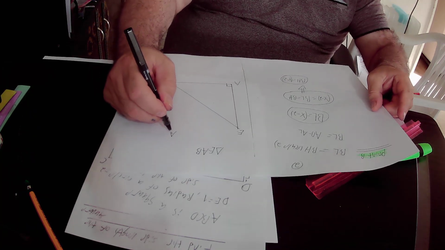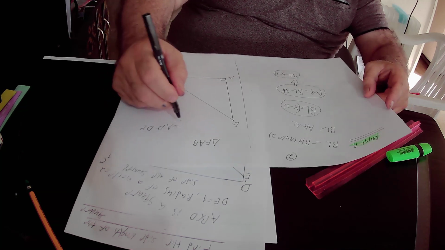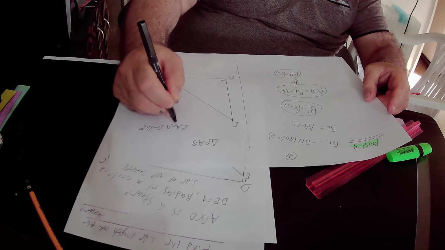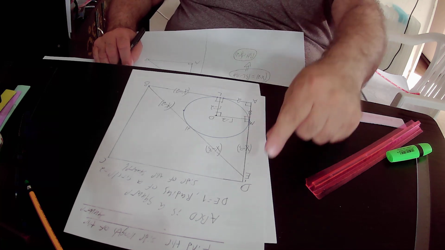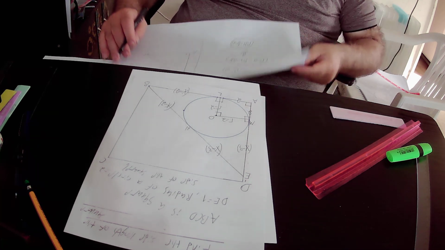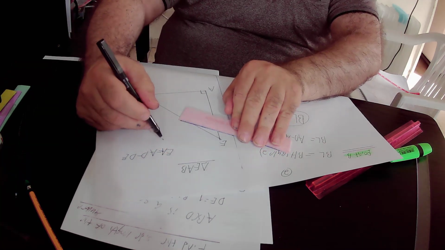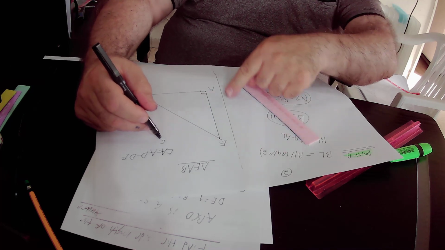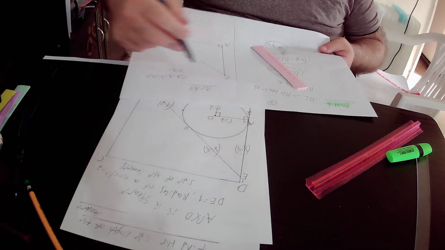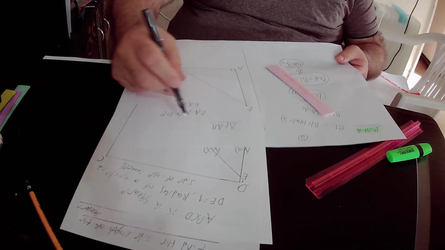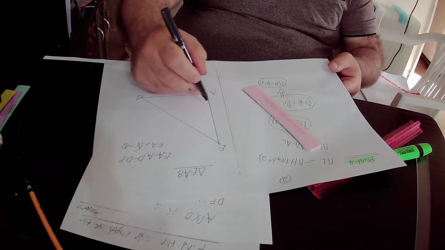I'll repeat again: AD minus DE equals EA. So EA, this side, equals AD, which is x according to our definition, minus DE, which is 1 unit as given in the question. So in conclusion, EA equals x minus 1.